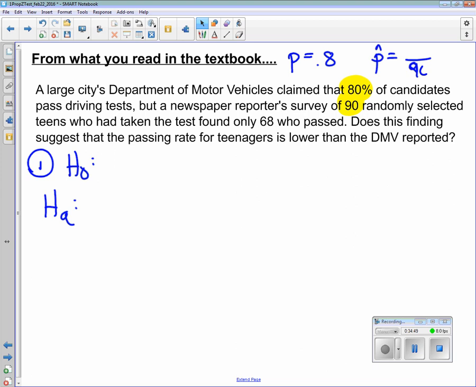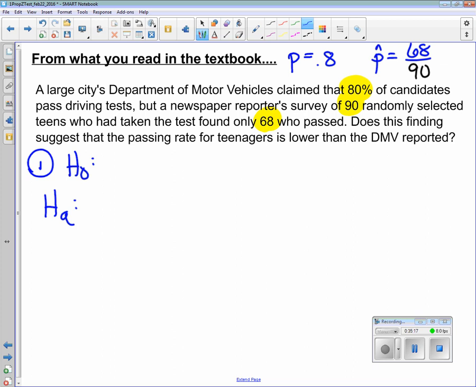What's 68? What's your other number? Is that a numerator of your p-hat? Isn't 68 out of 90 what they're talking about? Right? So you've got your numbers.